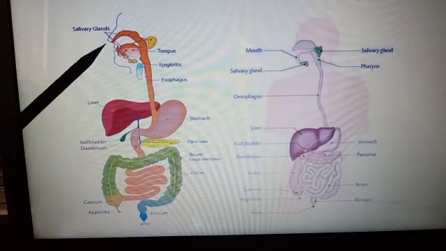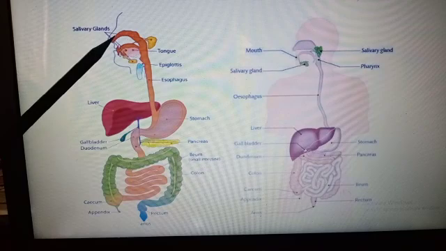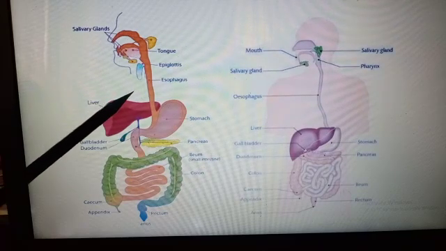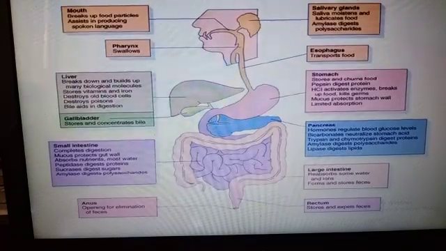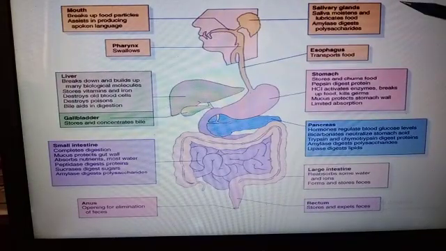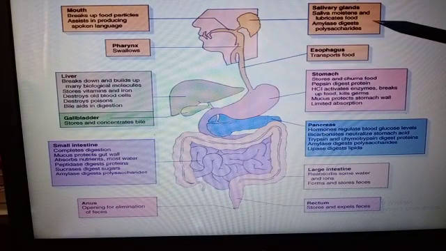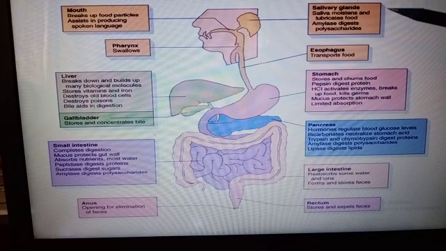Now you can see when the food is chewed in the mouth, there are salivary glands. They produce salivary amylase, which not only lubricates the food, but it changes the carbohydrate, starch, into maltose.